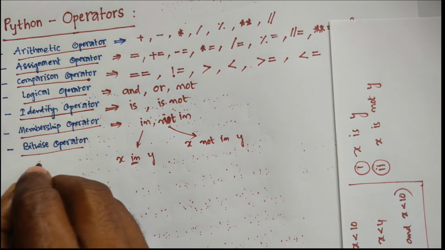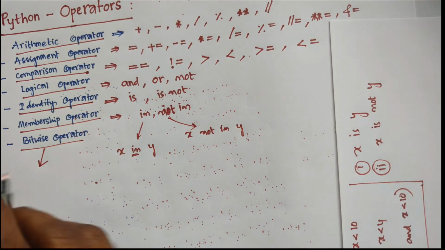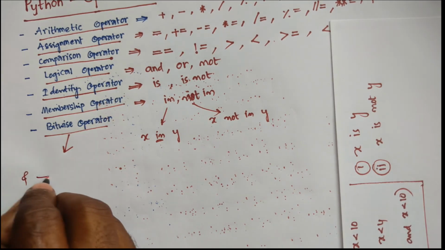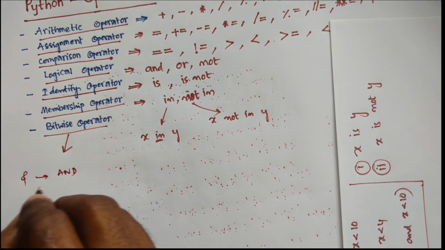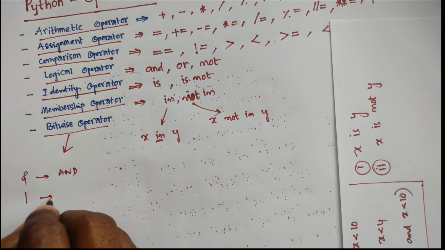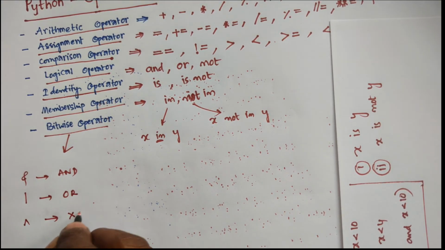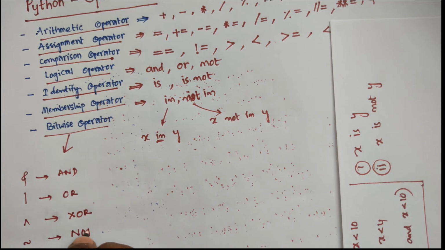Next one is bitwise operator. For bitwise operators, widely we prefer these symbols: ampersand is the actual AND, this is for OR, the cap symbol is for XOR, and the tilde is for NOT.